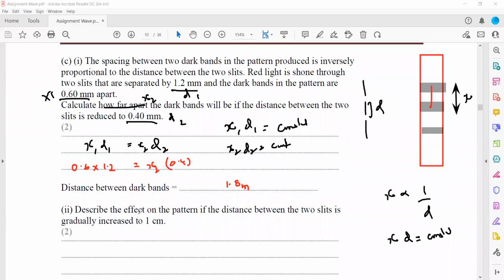Then describe the effect on the pattern if the distance between the two slits gradually increases. So if we increase the distance, as we know they are inversely proportional, the distance between the fringes will decrease. So what pattern will we observe?